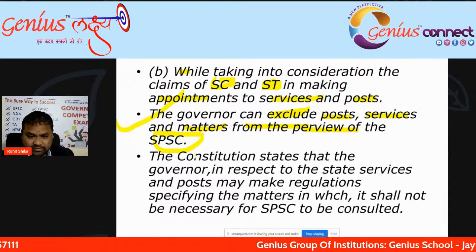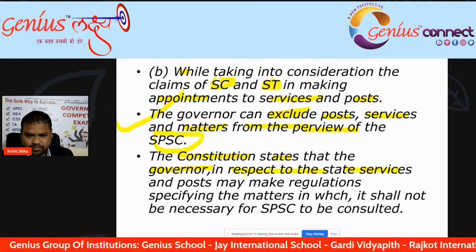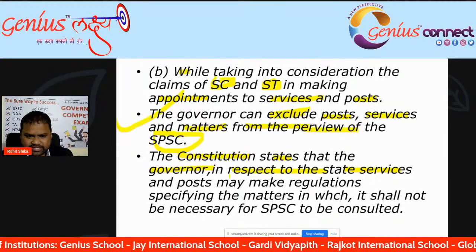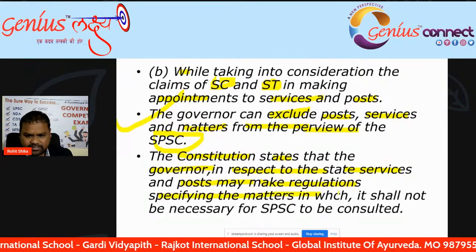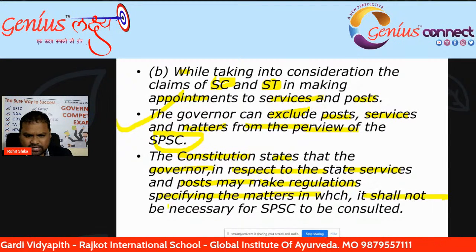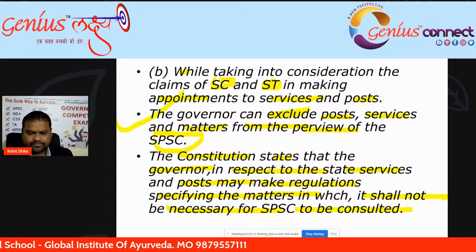The Constitution states that the governor, in respect to the state public services and posts, may make regulations specifying matters in which it shall not be necessary for the State Public Service Commission to be consulted.